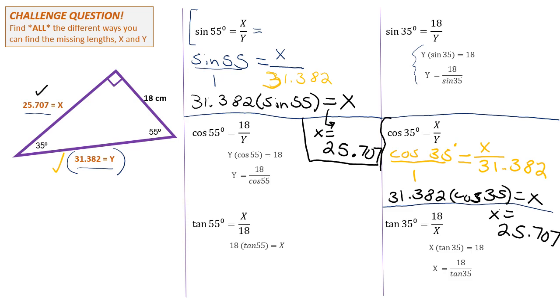So in other words, I just wanted to show you this page because there were other ways that we could have found x and y after we found either x or y. So there were all these different ways that we could have solved for this. So that's just what I was trying to show you on this page. So one more page because I want to show you how this all comes together with the Pythagorean theorem.